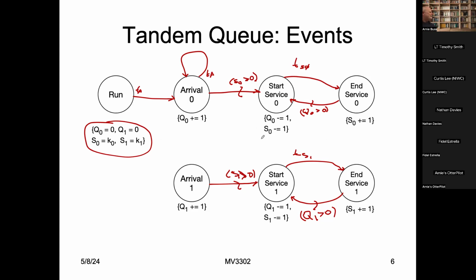What's missing? Well, what's missing is what happens when the end service at the first station occurs. It may schedule a start service at the first station again, but what else does it do? Yeah, it's going to schedule the next arrival, and we're assuming that the time it takes to get from the first station to the second is negligible or zero.